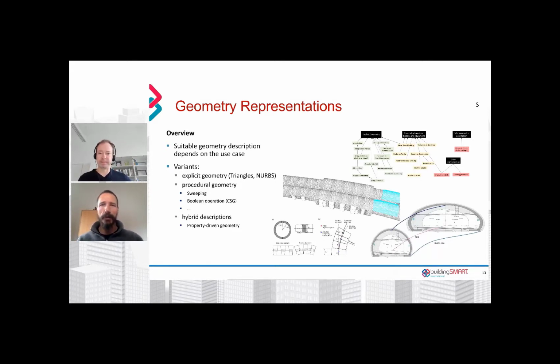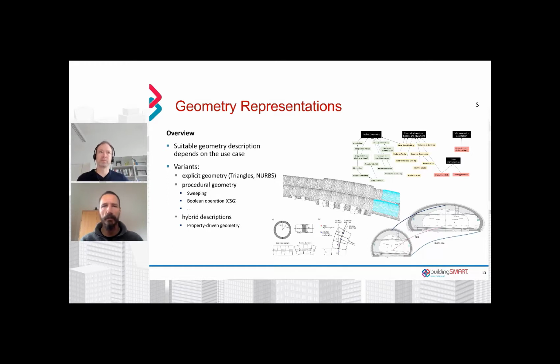In the geometry representation requirements, we had some specific requirements in IFC Tunnel, especially in the sweep department. That fits into IFC quite nicely, as if we look at the IFC geometric resources, we have two basic types that we're dealing with.